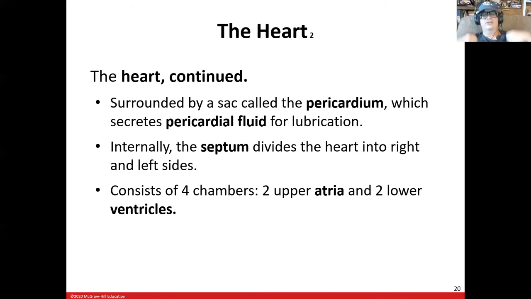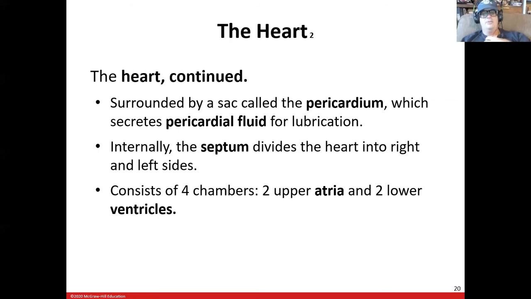We do the same thing in the lungs. Lungs need to expand, contract, expand, contract. We have another serous membrane around each lung, and we call that the pleura.